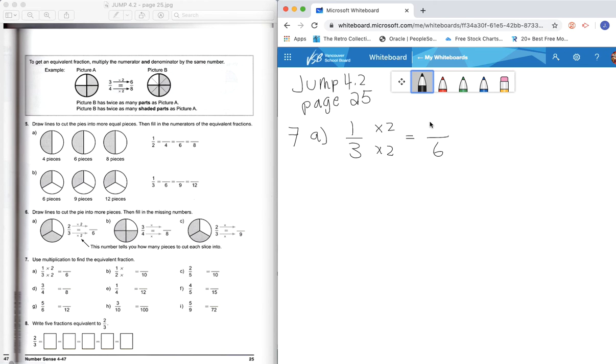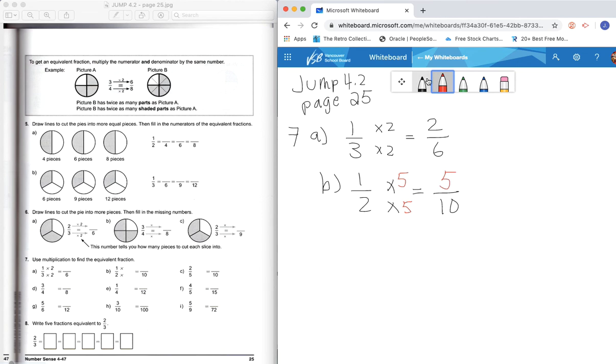So 2 times 1 equals 2. Okay, so you're going to write 2 here. So B, a half times what number gives you something over 10? So 2 times what equals 10? 5. So whatever you do to the bottom, you have to do to the top. So it's the exact same number. So what's 1 times 5?